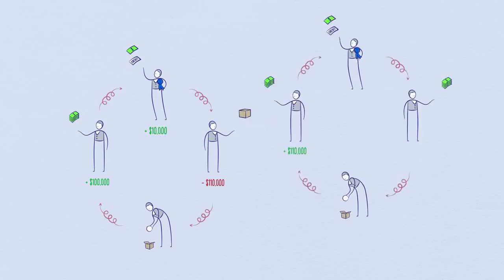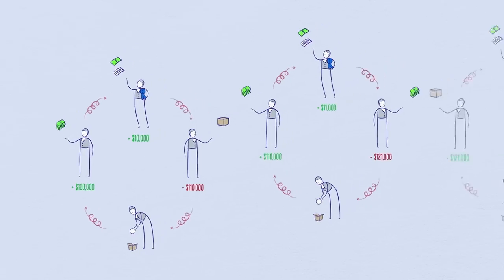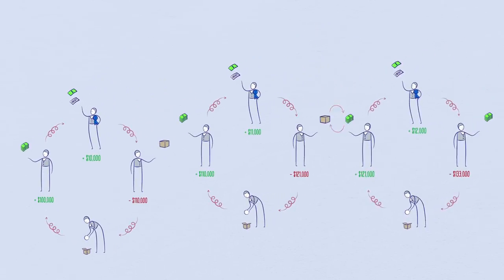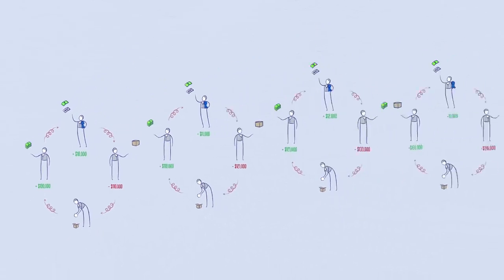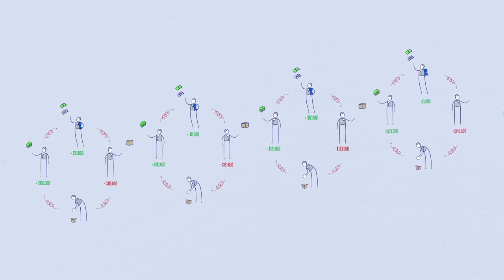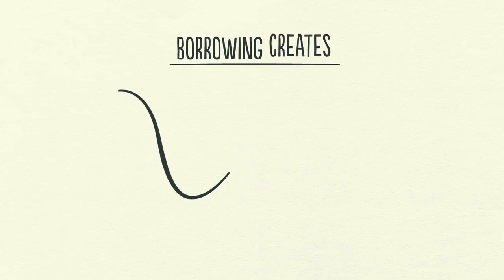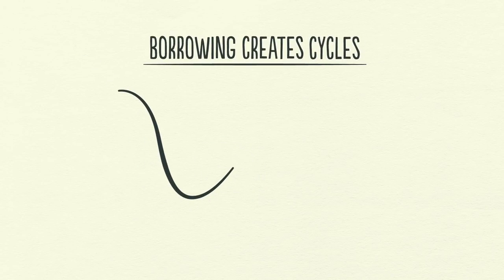The person earning $110,000 with no debt can borrow $11,000, so he can spend $121,000, even though he has only earned $110,000. His spending is another person's income, and by following the transactions, we can begin to see how this process works in a self-reinforcing pattern.